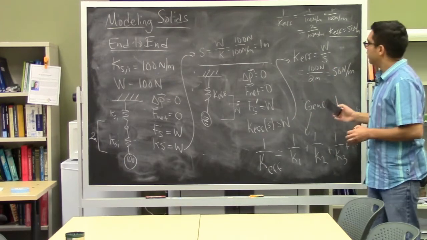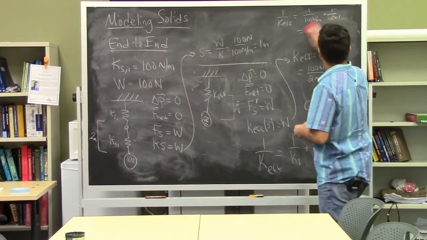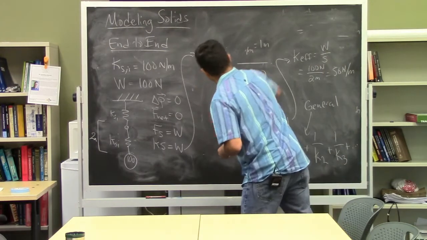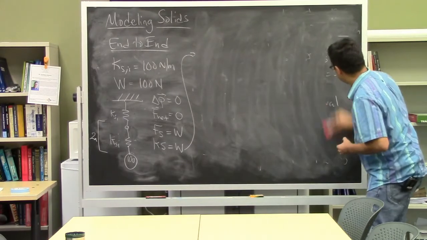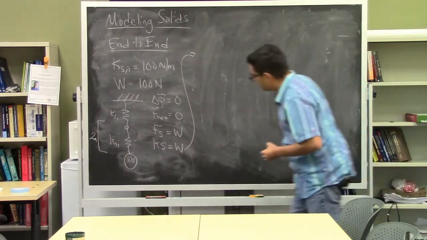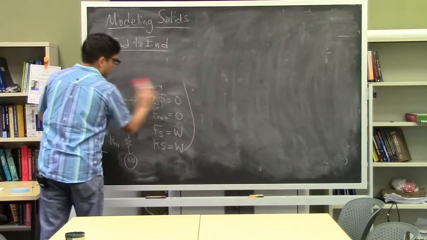Let's talk about how they add in parallel. It's slightly different because in that case you have two springs that are supporting the same load and therefore stretch the same amount, but they do it in just a slightly different way.